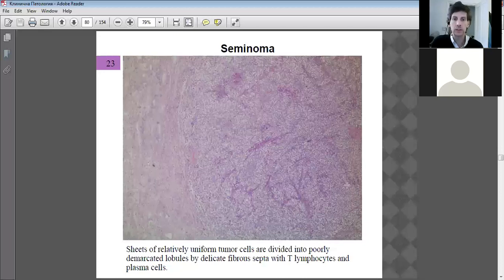Seminoma, uniform tumor cells. When it says uniform, the cell matrix looks fairly constant, but there are some lobules that are formed.